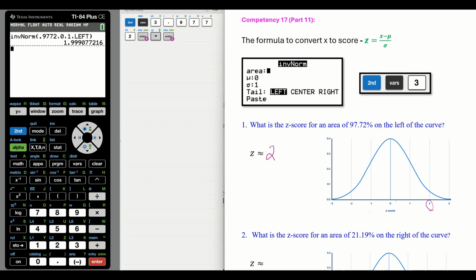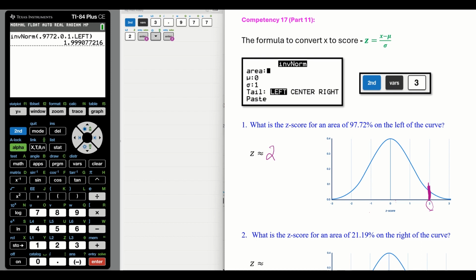Now, here's the thing. This is our line right here. I'll highlight that. So we have a z-score of 2, and they said on the left of the curve. Which side we want, the left or the right, depends on the problem.